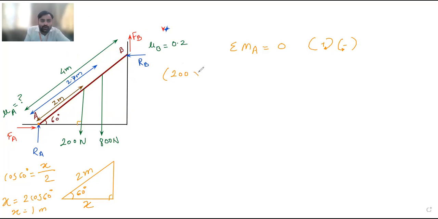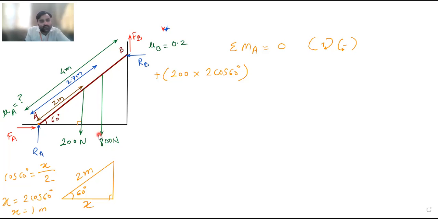So it will be 200 into 2 cos 60, since the hypotenuse is 2 meters. Now it will rotate in clockwise direction. You can see this is the arrow, this is the point. If you rotate it towards the point, it will rotate in clockwise direction. So it is plus.